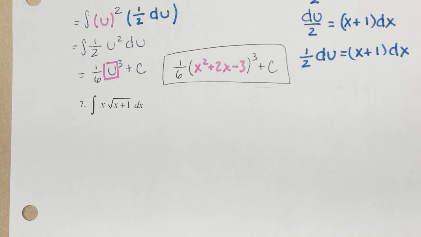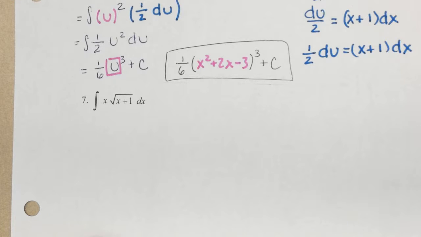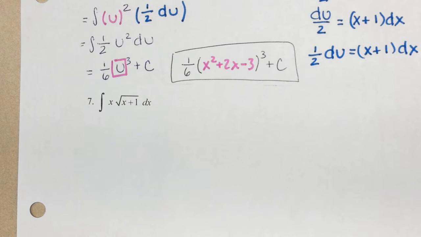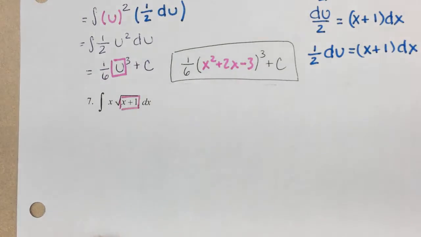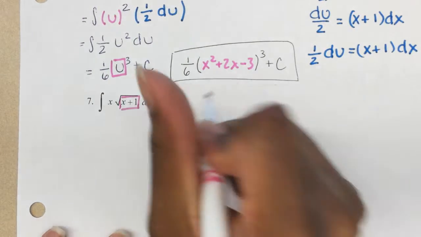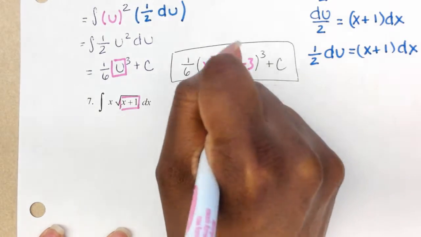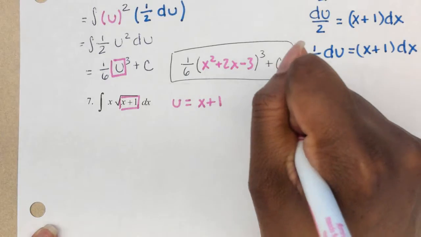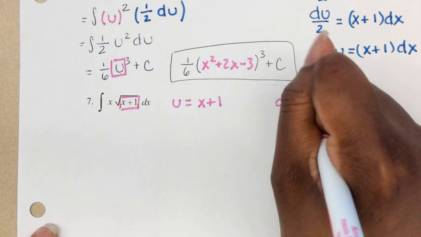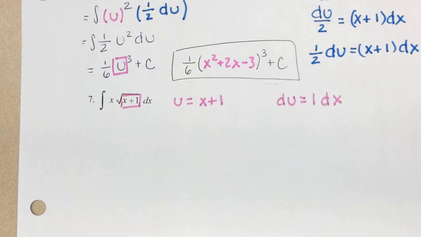For problem number 7, I'm choosing between x and x plus 1 as my u value. So what I'm going to do is I'm actually going to have x plus 1 be my u. So u is equal to x plus 1. And then I'm going to find that derivative. So du is equal to 1 dx.